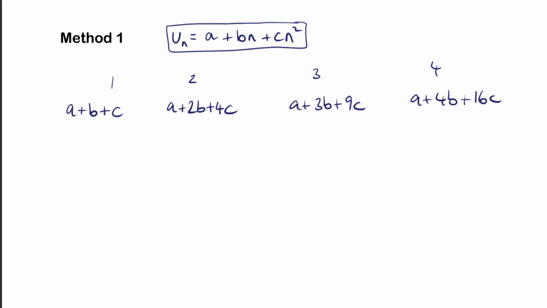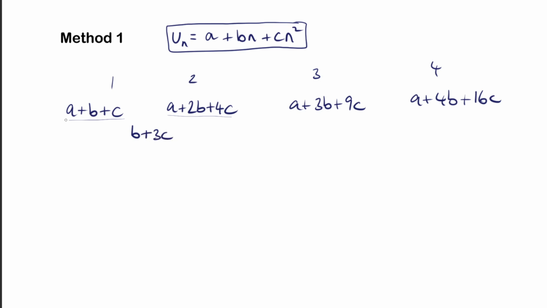Okay, so let's now work out the differences between the letters. If you want to work out the difference between the first and second, you do the second one minus the first one. So what happens if we do this minus this? Can we see that we're missing a b and a 3c?